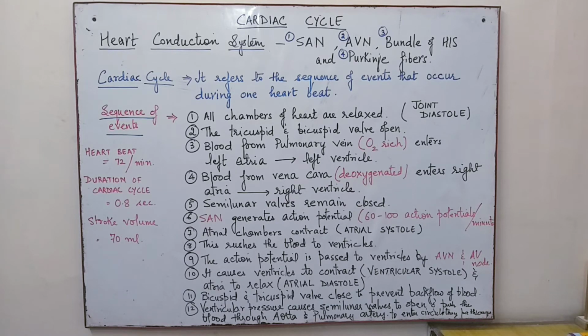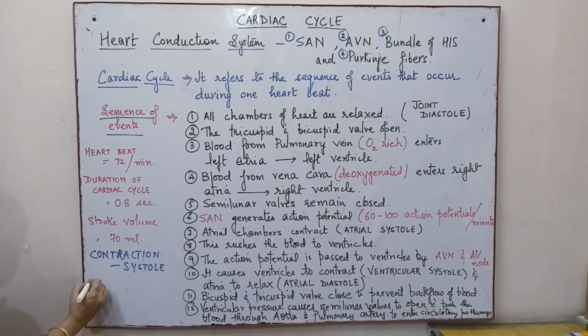The portion of the cycle in which the heart contracts is known as systole. It can be the auricle or the ventricle. If it is the atria, we call it atrial systole, and if it is the ventricles, we call it ventricular systole.